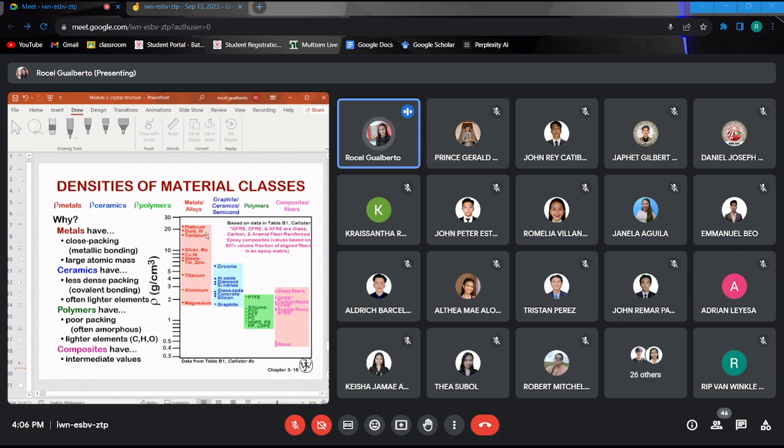Okay, so notice that yun po metal, siya po yung may pinakamataas na value ng density. Okay, so bakit po siya yung may pinakamataas na value ng density? It is because they really have yung pong regular packing. Okay, so most of these metals po, they have the crystalline structure. Okay, not unlike po these polymers which are mostly amorphous or non-crystalline.